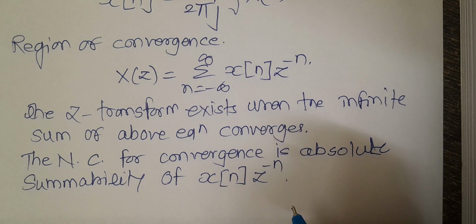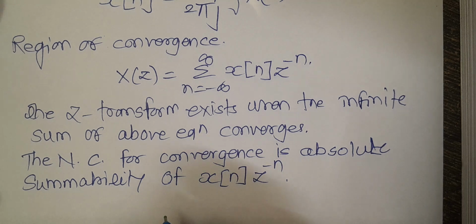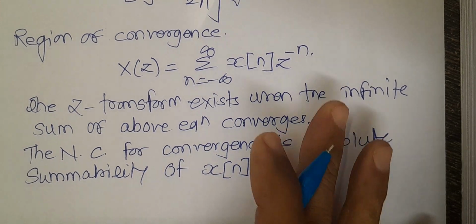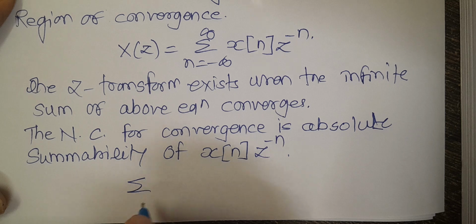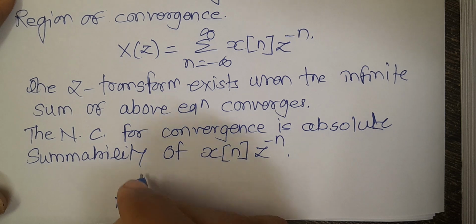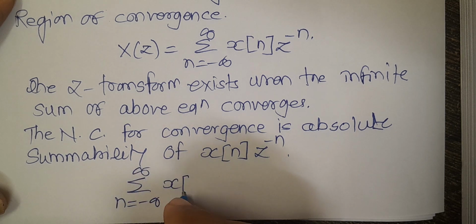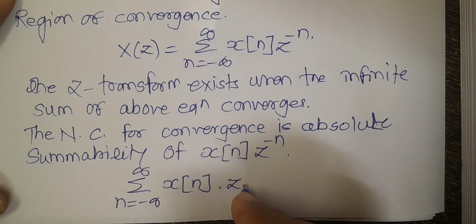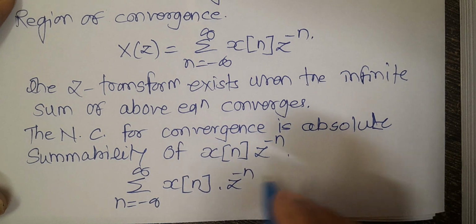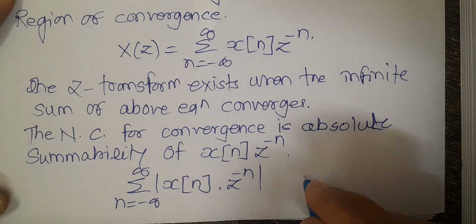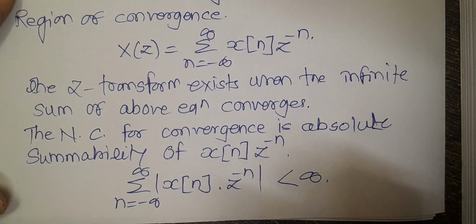Therefore, the modulus of this summation over n equal to minus infinity to infinity x of n into z raised to power minus n should be less than infinity.